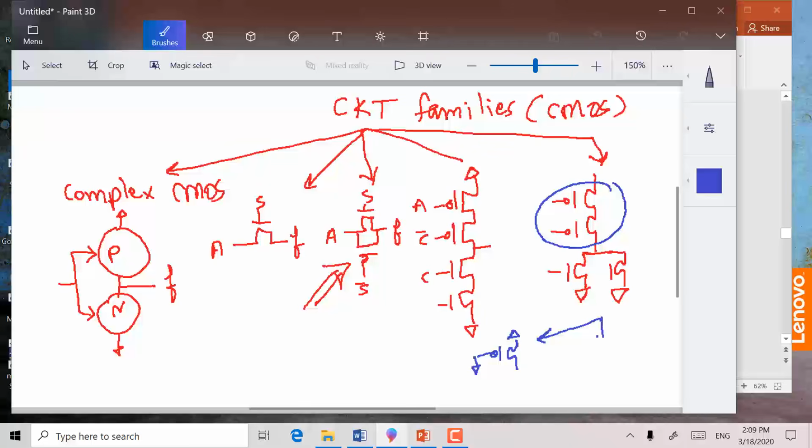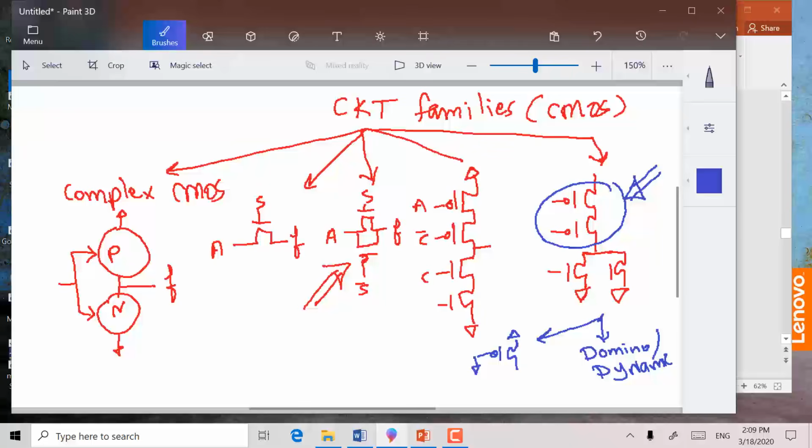And then there is the method of domino circuits, domino and dynamic, where instead of connecting the input to ground or an enable, it will be connected to the clock. So today our purpose is to remove the PMOS network here and discuss the circuit families that do that.